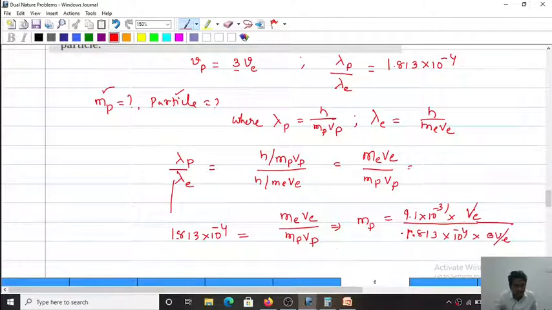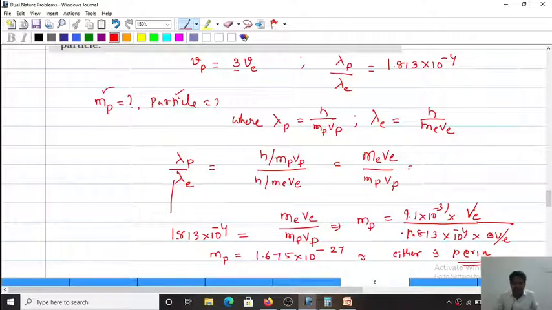Ve gets cancelled, so we get approximately 1.675 into 10 power of minus 27. So the particle is either a proton or a neutron. So we have identified the particle.